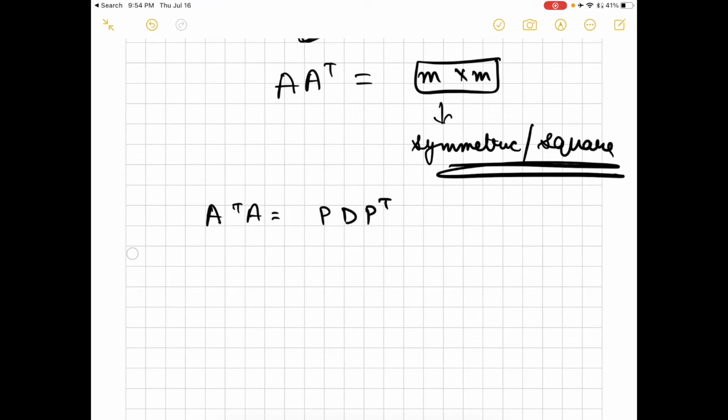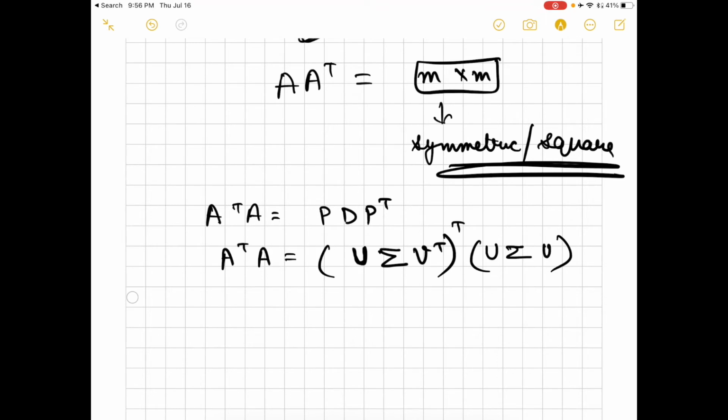Let us say that the SVD would apply to our matrix A. That would mean it would also apply to A transpose as well as A, and we can simply substitute the decomposed form because our question is what would be the values of sigma, U, and V. So we will write P here, and A can also be written as U sigma V transpose, and then its transpose is V transpose transpose sigma transpose U transpose, and this becomes V sigma transpose U transpose.